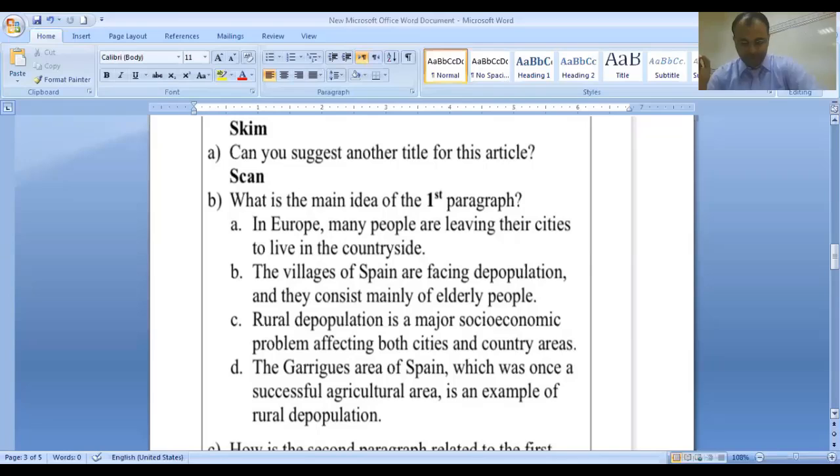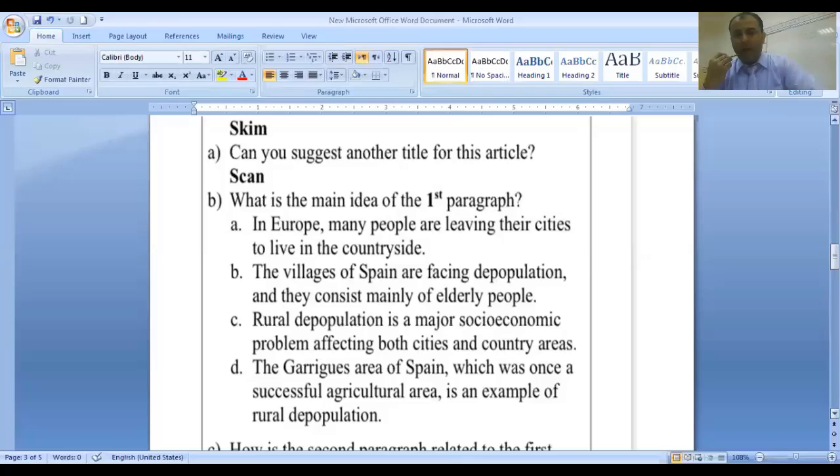Vacant is a new word. No one wants to buy the houses because they can't make money out of them. This phenomenon, which is called rural depopulation, can lead to overcrowding in cities as well as deserted country areas, and is a major socio-economic problem nowadays. Okay, here ends the first paragraph.